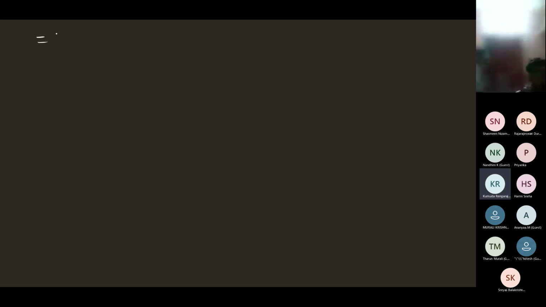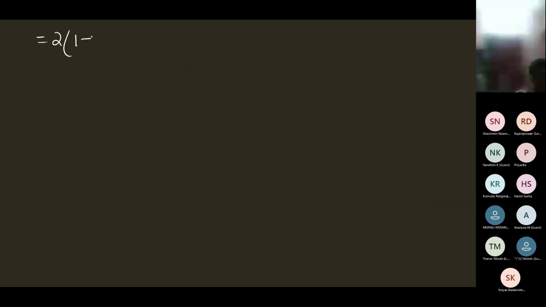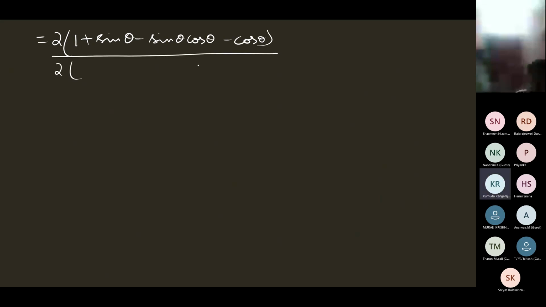Can somebody tell me 2 into what? Taran Murali, 2 into 1 plus 1. Oh, right. Okay, sorry. So 2 into sine theta minus sine theta cos theta minus cos theta, plus sine theta minus sine theta cos theta minus cos theta, divided by 2 into the same terms.